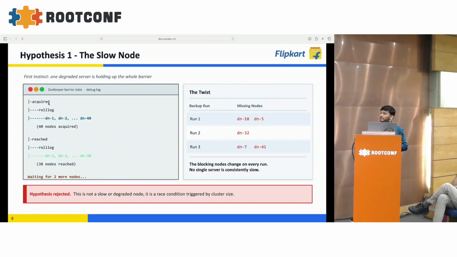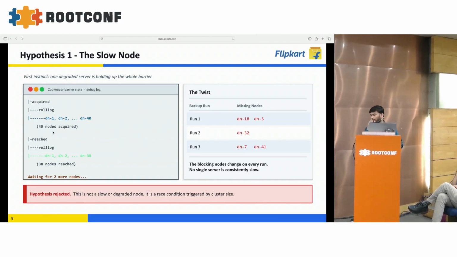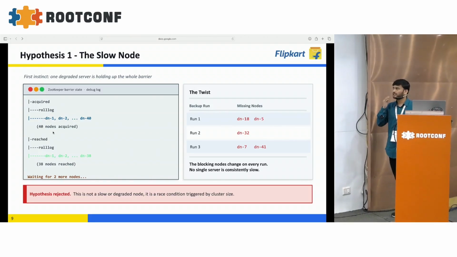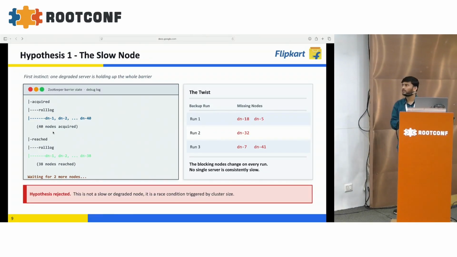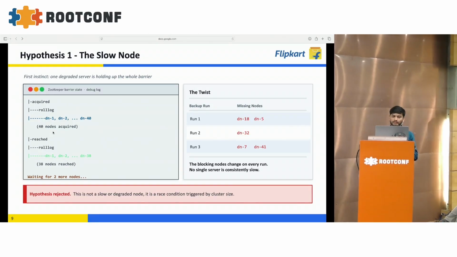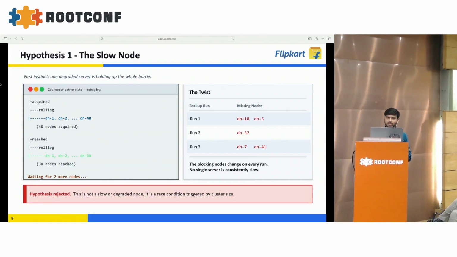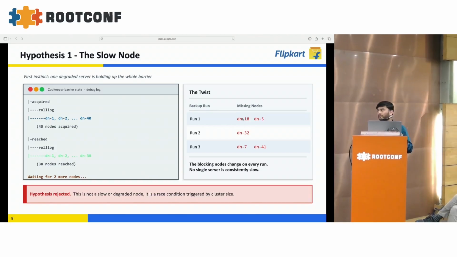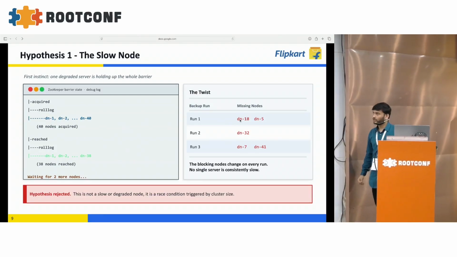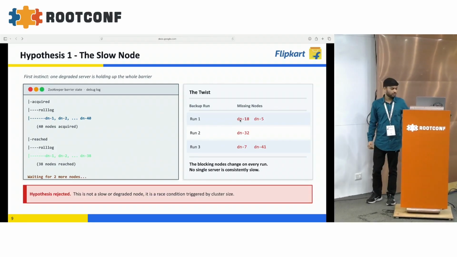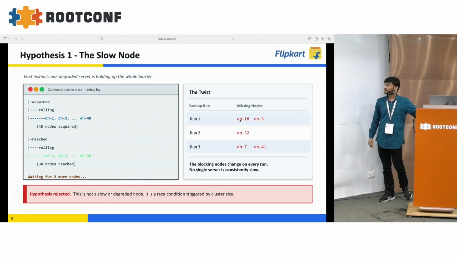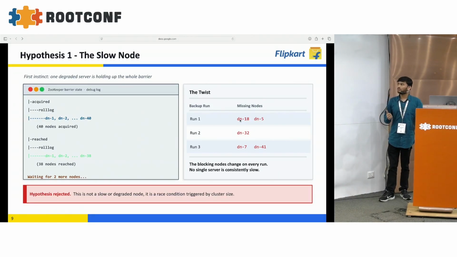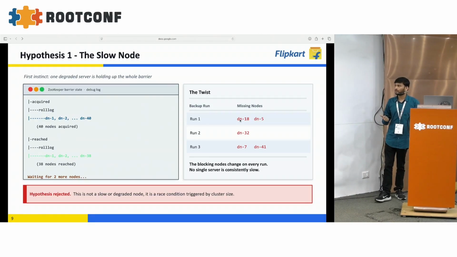Roll log, acquired and reached. These are the lock stages, barrier stages that we were earlier talking about. We checked that for different runs, it was failing for different data nodes. For some run it failed for DN18, for another it failed for DN32, for another it failed for DN7. So it rules out the possibility of a slow node.